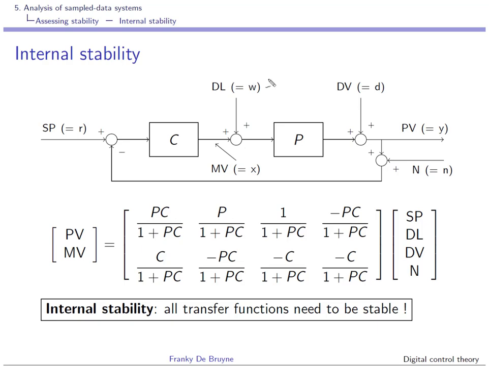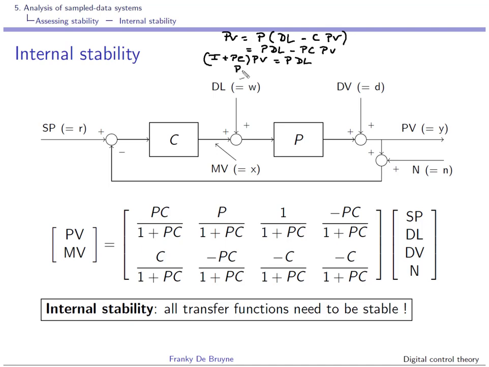Okay, so we're considering a load disturbance, so all the other inputs you can put to 0, and you obtain PV is P acting on DL, right? Here you have a minus sign, minus C times PV. So we have P DL minus PC PV. We take it to the other side. We are in the multivariable case, so identity matrix plus PC acting on PV is P DL.